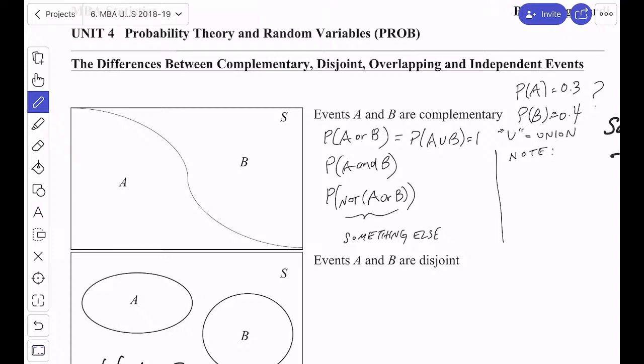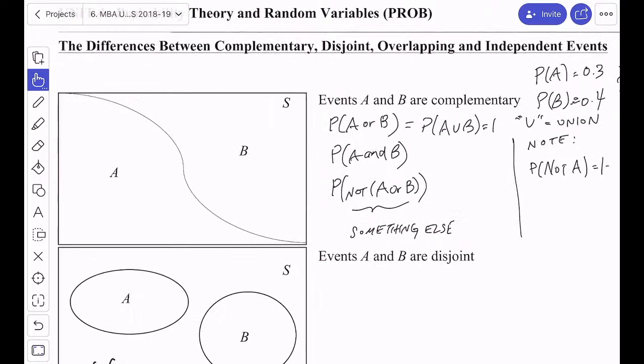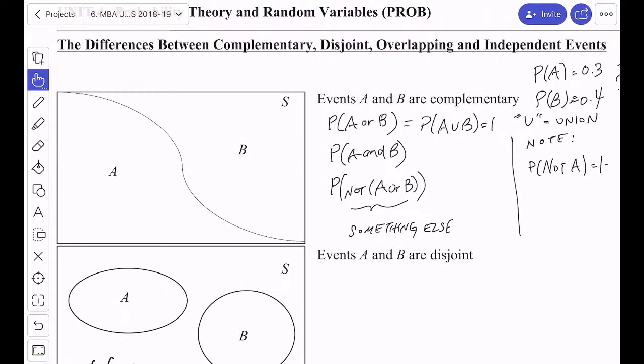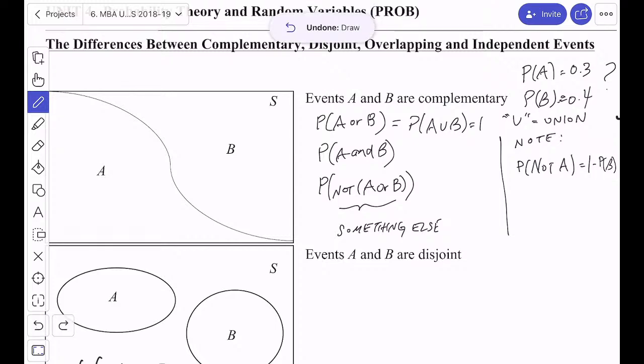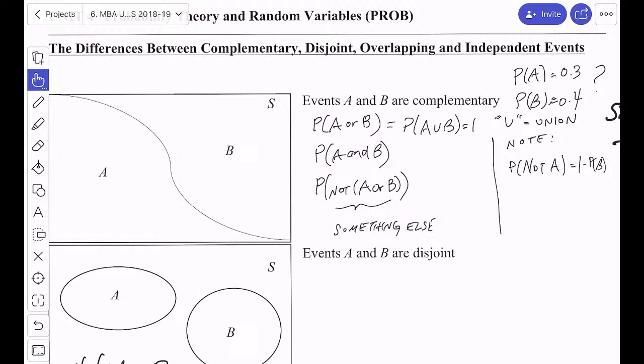Because of that first point, the probability of not A is equal to 1 minus the probability of B. They are complementary, like you saw when we were dealing with the normal distribution. Complementary events.